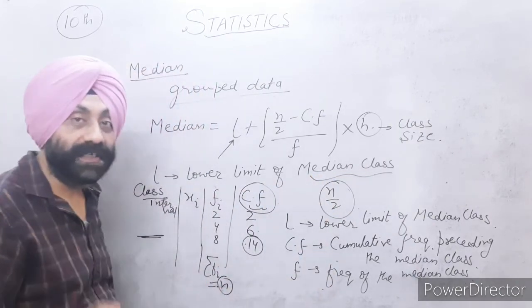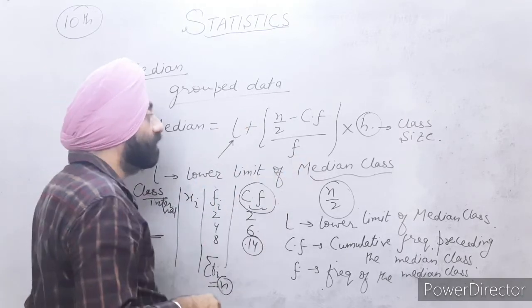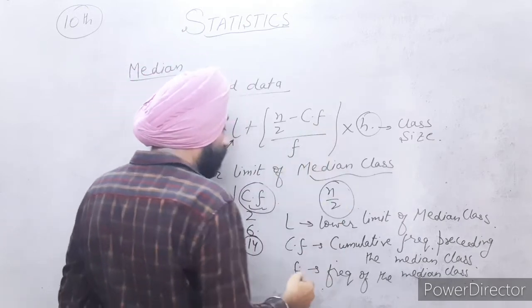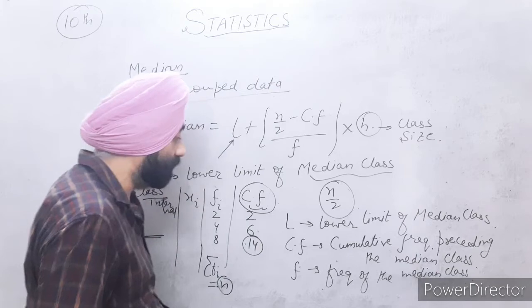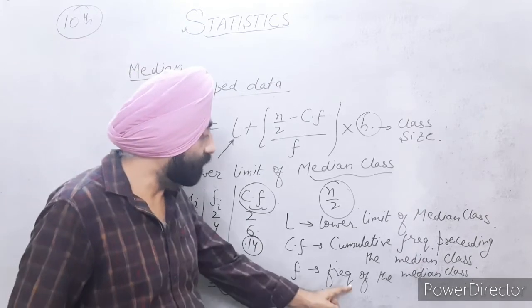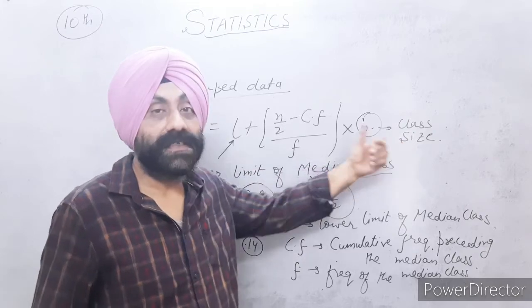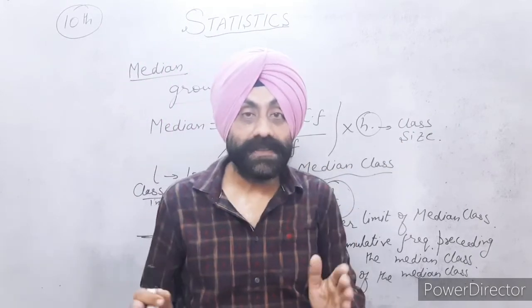Once you locate it, look for L, the lower limit of the median class. We already have n by 2. Cf is the cumulative frequency preceding the median class, f is the frequency of the median class, and h is the class size. Remember this formula for calculating the median of grouped data.